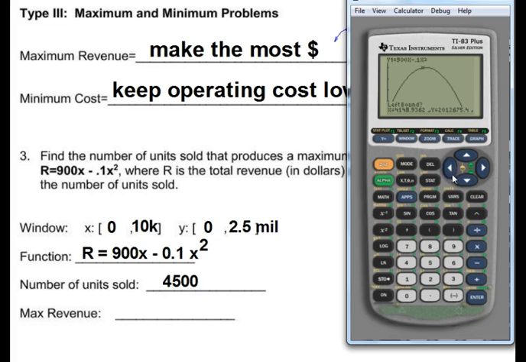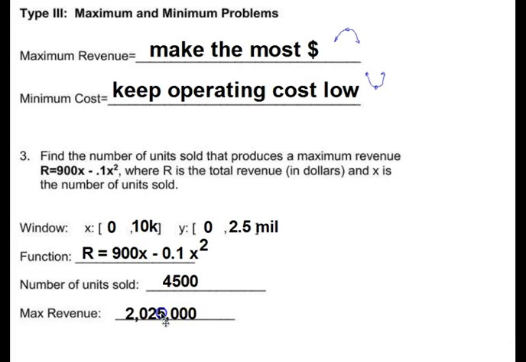We're going to move over a little bit, put our cursor, hit enter. We go to the right bound. We hit enter. We hit enter one more time for our guess, and it comes up and it gives you the value of 2,025,000, and we've calculated our max revenue.